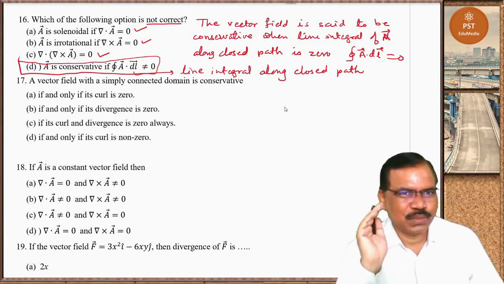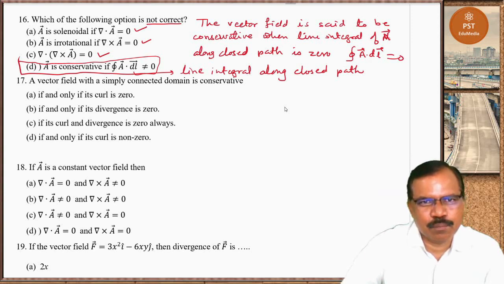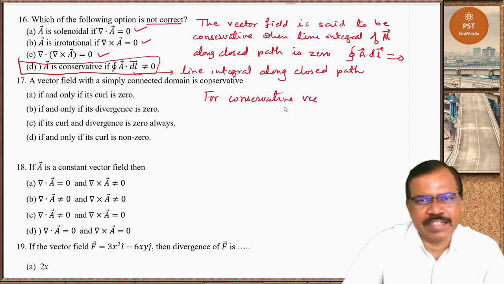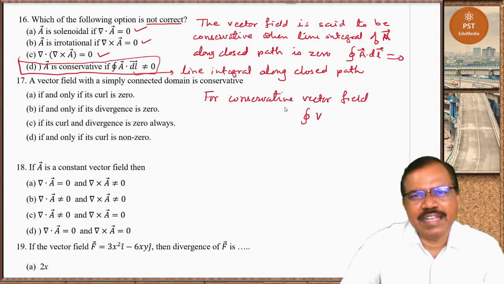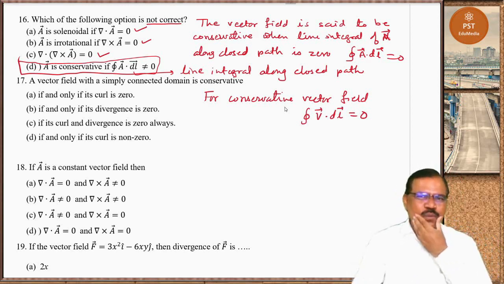So for a conservative vector field, the line integral along a closed path is equal to 0.